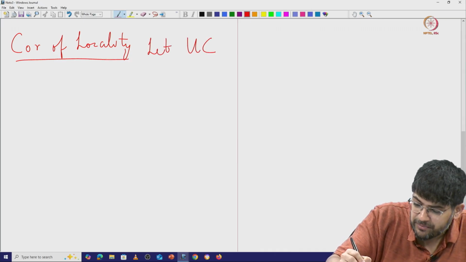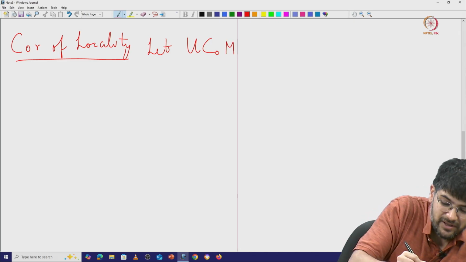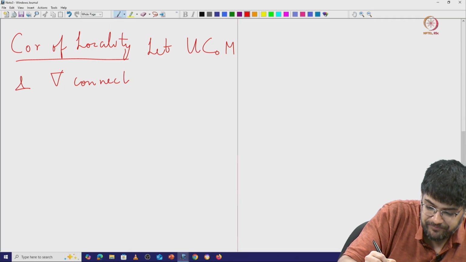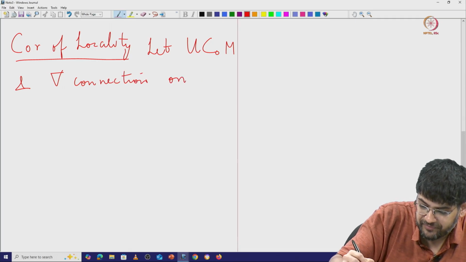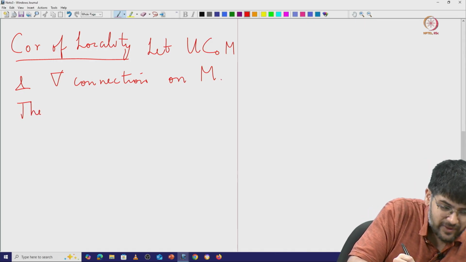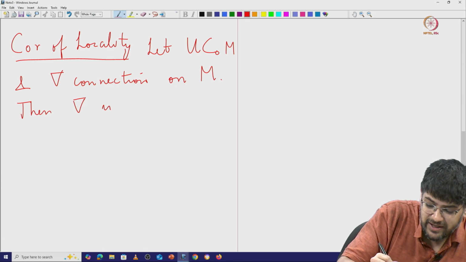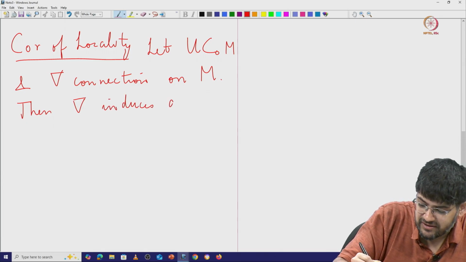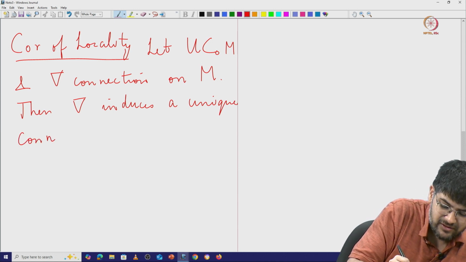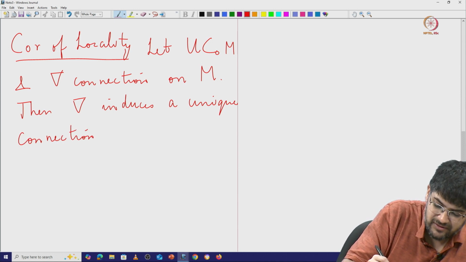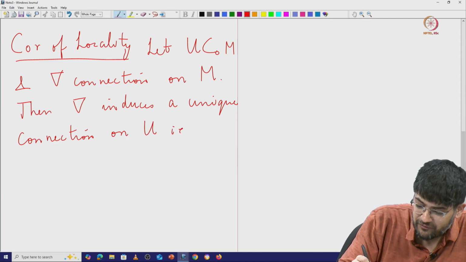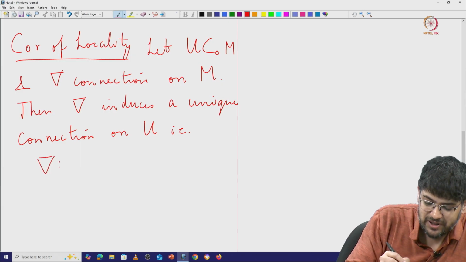Let U be an open subset of M, and let nabla be a connection on M. Then because of the locality, nabla induces a unique connection on this open set U, which I continue to denote by this symbol nabla.